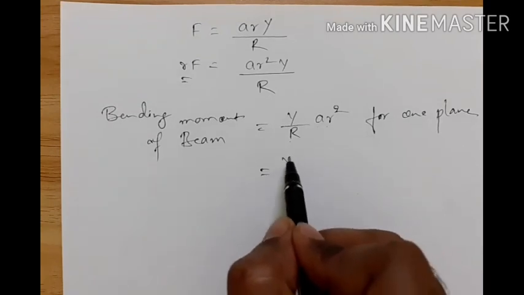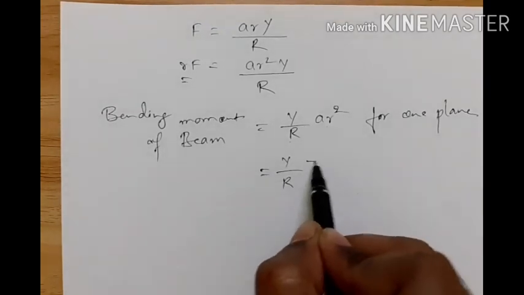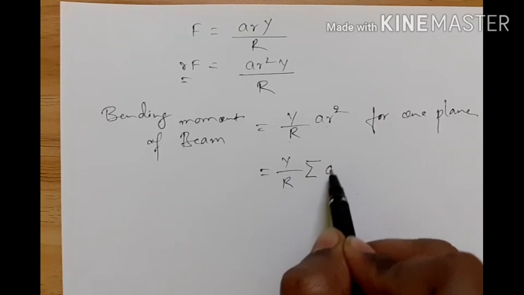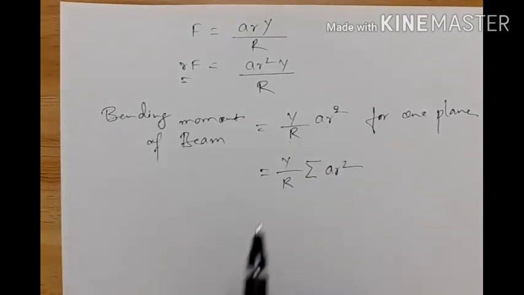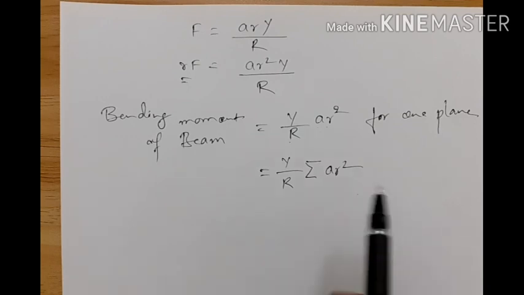So this is Y divided by R. Now we have to take the summation over A r square. So this will become the bending moment for the complete beam, right?